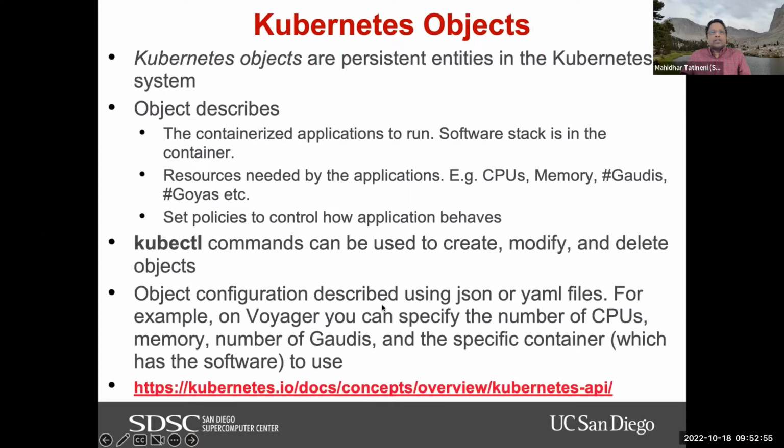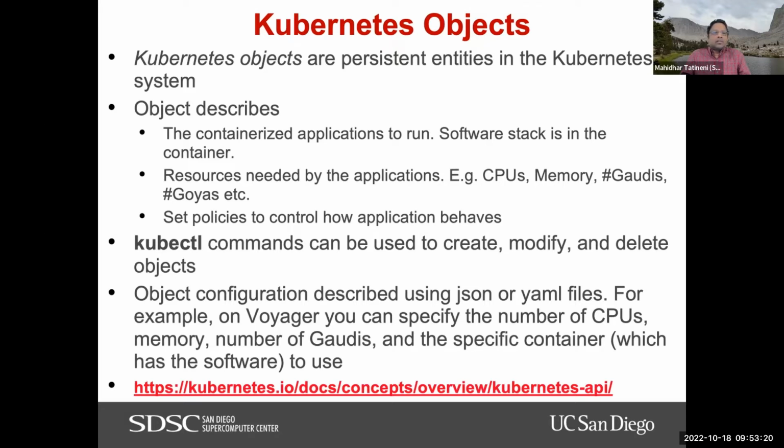So Kubernetes objects are basically persistent entities in this system. The object can describe the containerized application you want to run, that the stack is in the container, as I mentioned. It can describe the resources needed by that application, like the CPUs, the number of Gaudis, memory, and so on. You can also set policies on how this application behaves.